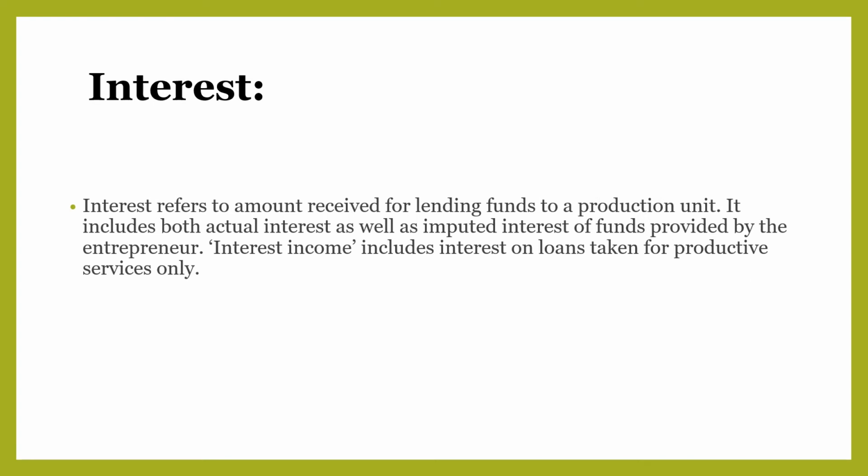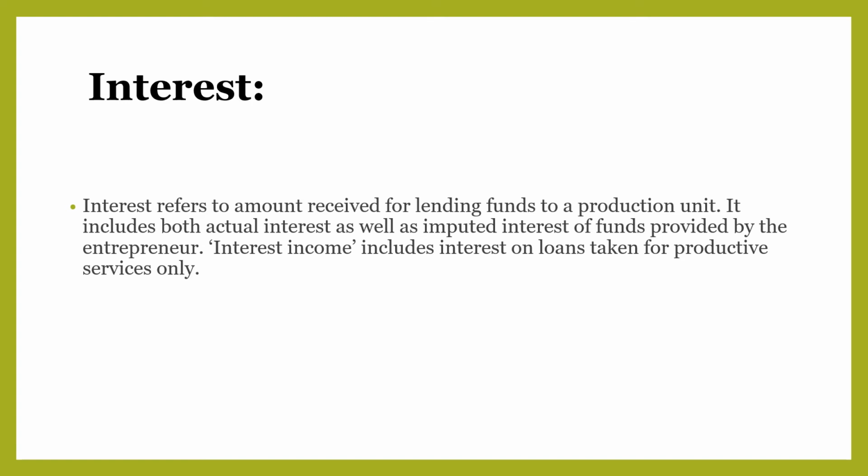Next part of the operating surplus, that is interest. Interest refers to the amount received for lending funds, giving loans to productive units. It includes both actual interest as well as imputed interest. It means if you take a loan from banks or any other sources, the amount which you pay as interest is included in national income.